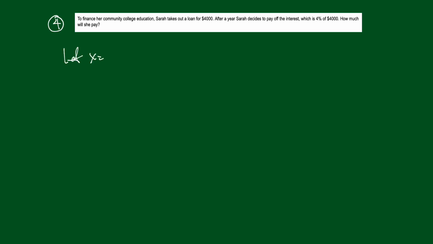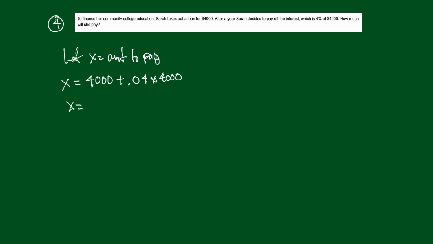Let x equal the amount to pay. Now, to pay off that loan, the amount she has to pay is that $4,000 plus 4% of that, so 0.04 times 4,000.